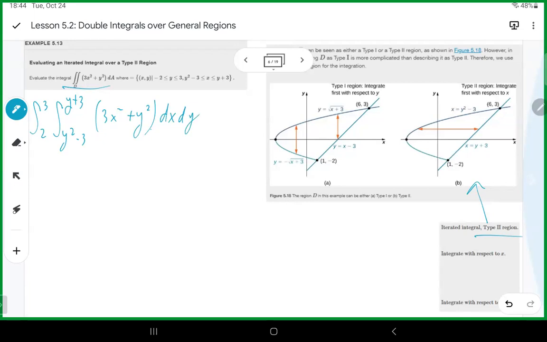We want to integrate with respect to x first, I guess I should say. So 2 to 3, and then x cubed plus xy squared dy. Oh, I forgot our bounds.